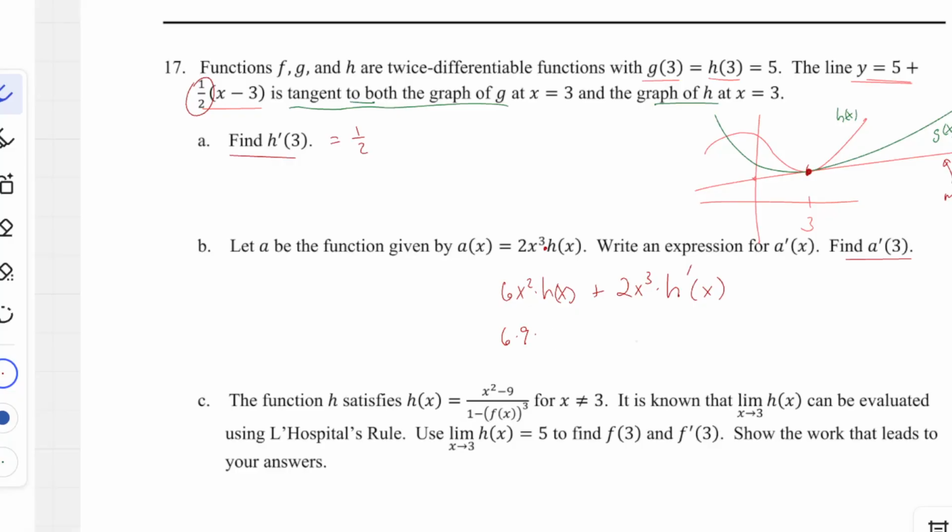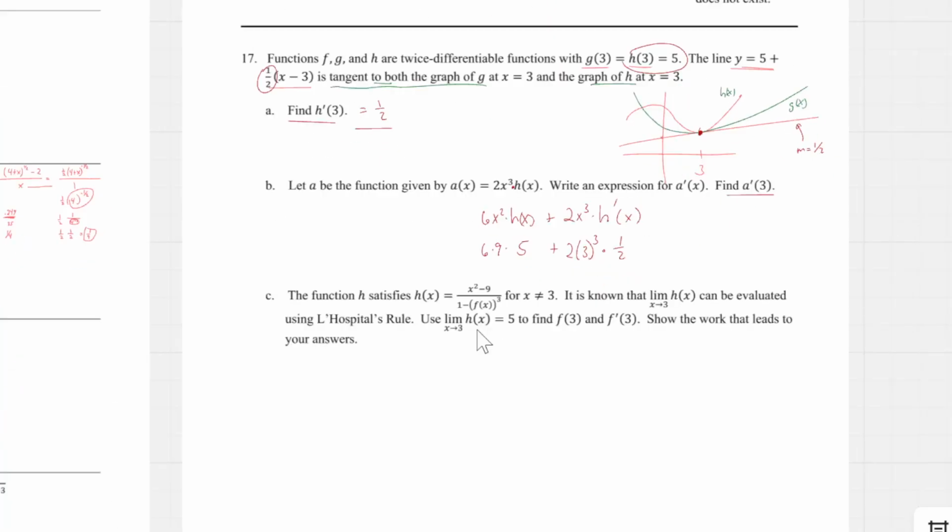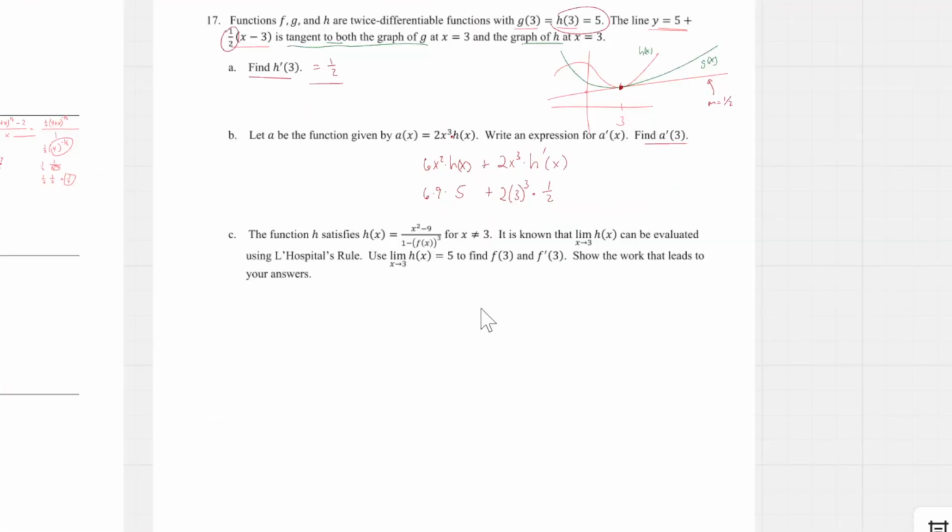And then h of 3, which they told us up here is 5. H prime of 3, I guess we figured out. I'm not going to plug that in the calculator. I'm going to skip C.